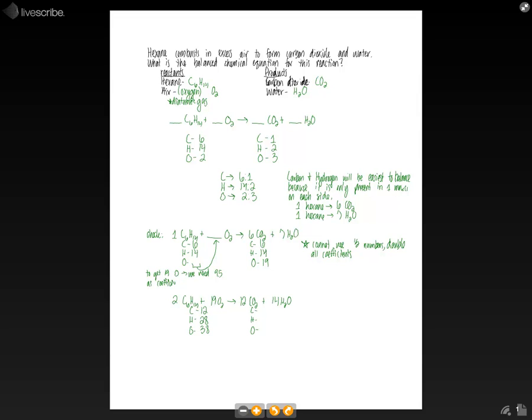On the right-hand side, we have 12 carbons, 28 total hydrogens, and 38 total oxygens. As you can see, each of our species is fully balanced on each side, so this is our fully balanced chemical equation.